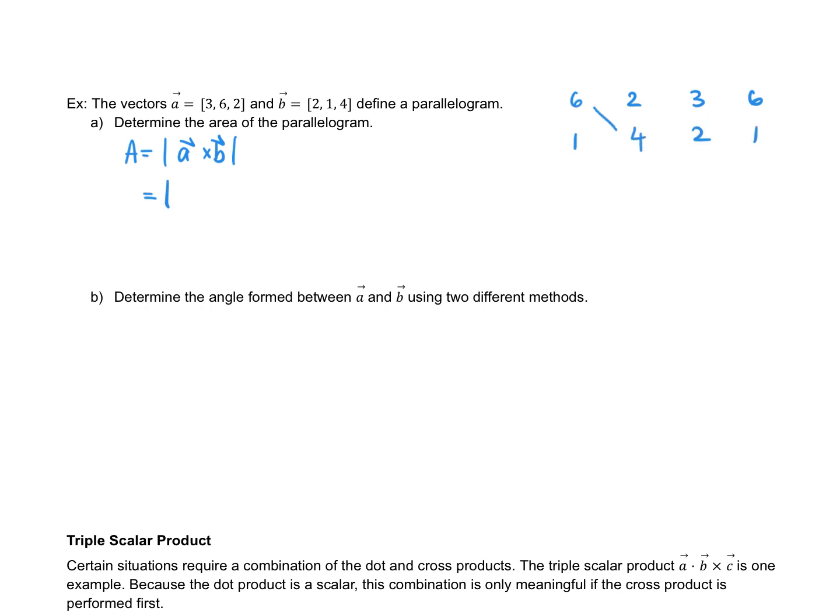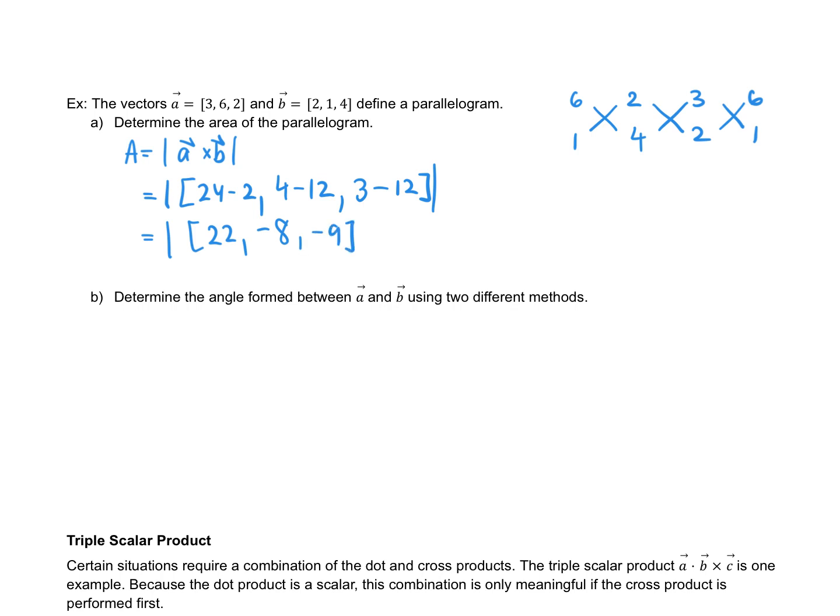And now I have 24 minus 2. I have 4 minus 12. I have 3 minus 12. And my cross product equals 22, negative 8, and negative 9.